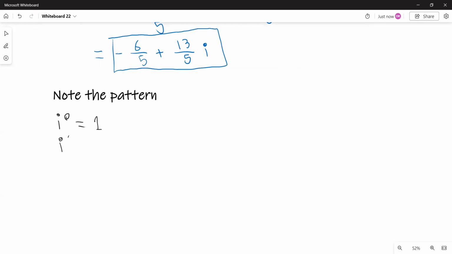Any number to the first power is itself. We saw that i squared is negative 1. And i cubed, you can separate this as i squared times i, where i squared is negative 1, so that's going to be the opposite of i.